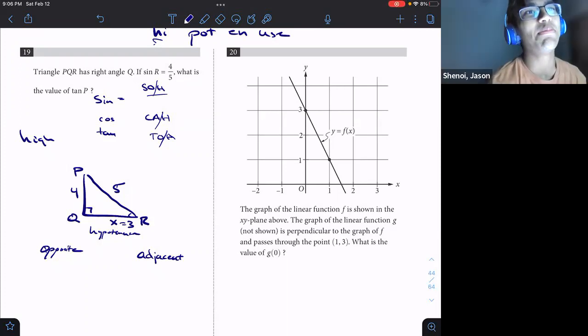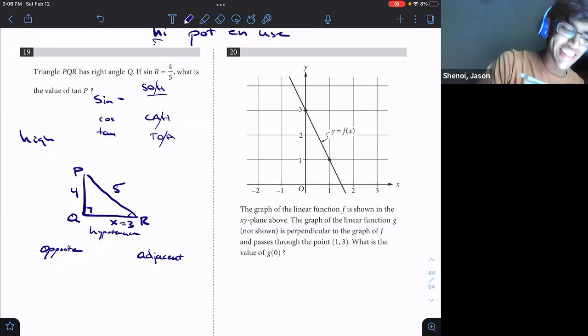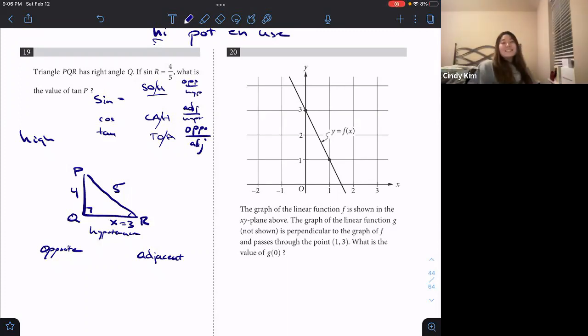Okay, hold up. I have to do this again. Opposite over adjacent. Adjacent over hypotenuse. Opposite over hypotenuse. Right? Because look, in Korea we learn if it's a sine, then like this, because S starts with this. And if it's a tangent, like this.